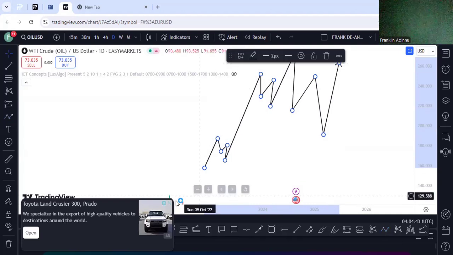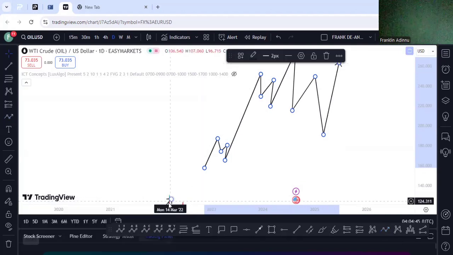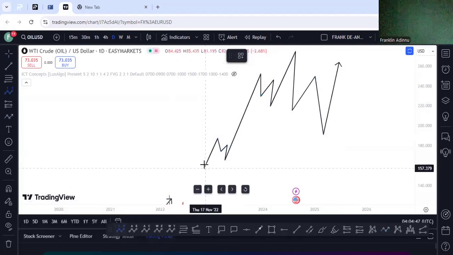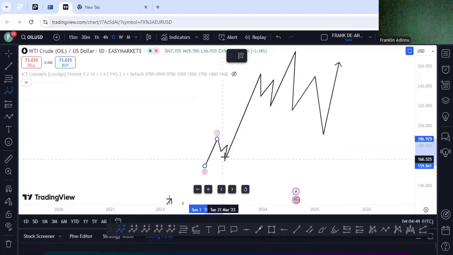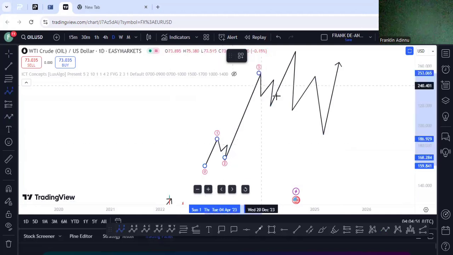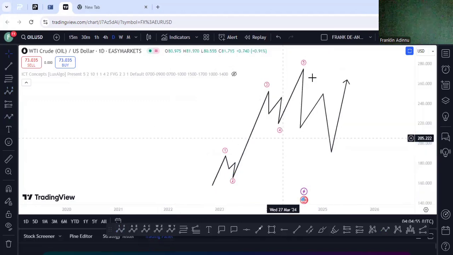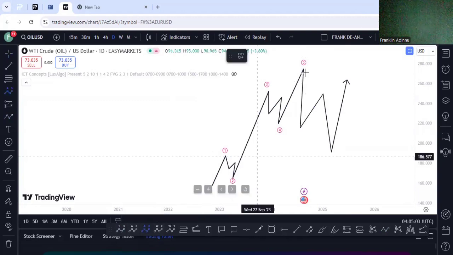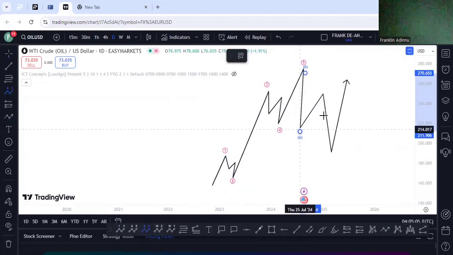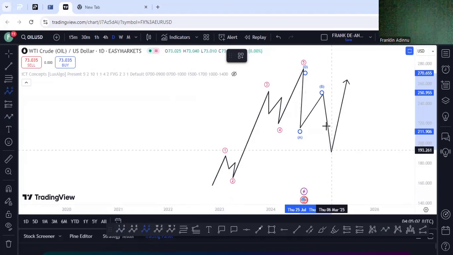So you will see wave one, wave two, wave three, wave four, and wave five. Once you find this, then rest assured that we're going to see a corrective movement of A, B, C.